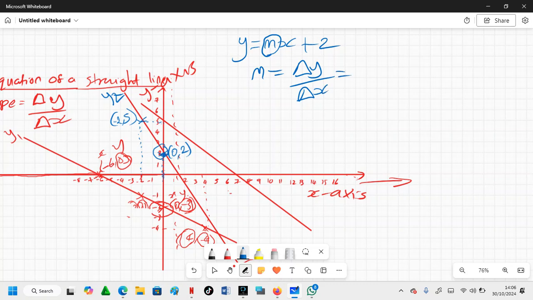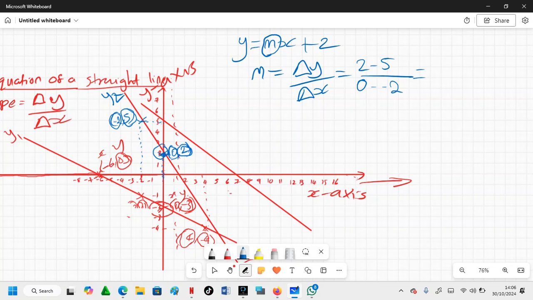Okay, and if you look carefully, you can see that our y changes from 2 to 5, so that is 2 minus 5, and our x changes from 0 to -2, so it is 0 minus -2, and you have to be very careful with the signs.